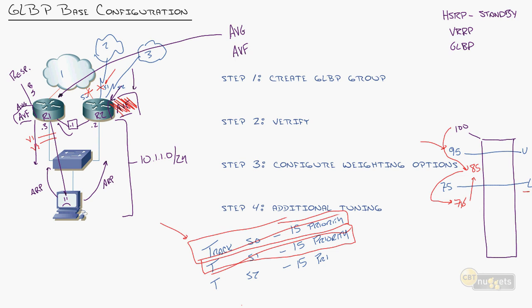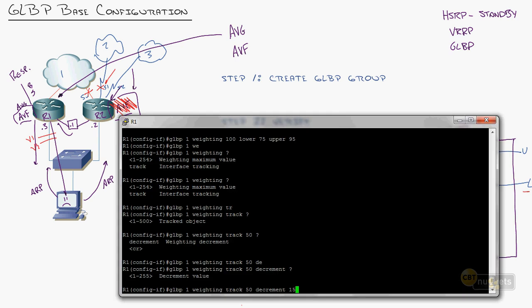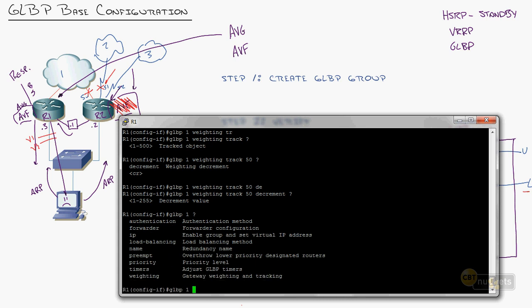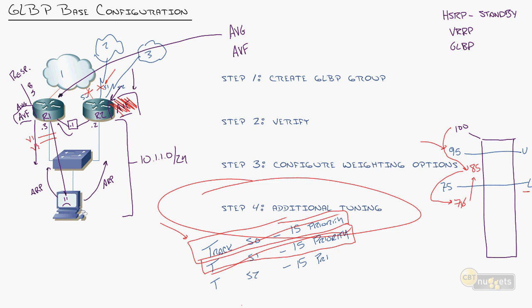And that is pretty much it. I mean, you can see right here I have step 4, additional tuning, but that's just all the other options that we talked about previously, so I don't want to have to run through them all over again, but that's where we can go in and do the authentication, the preemption, the timers, the load balancing of the IPs. So all of the different options that we had previously can also be configured with GLBP.